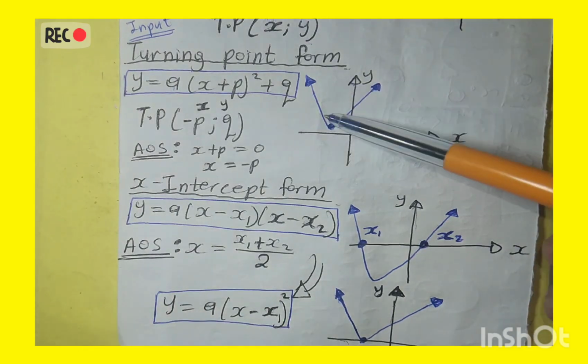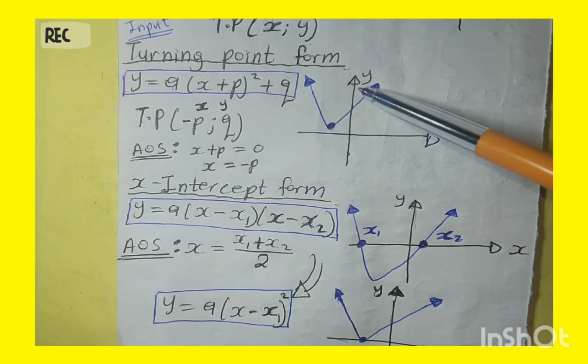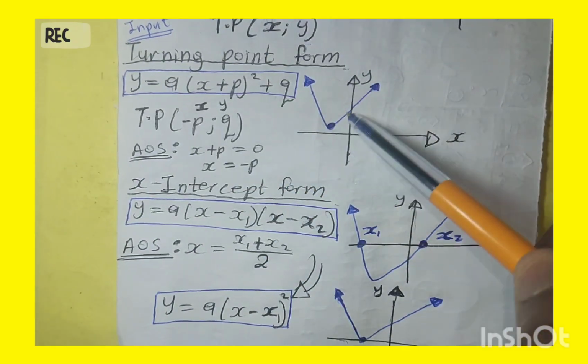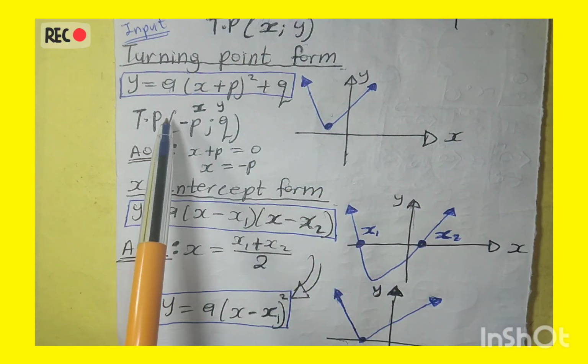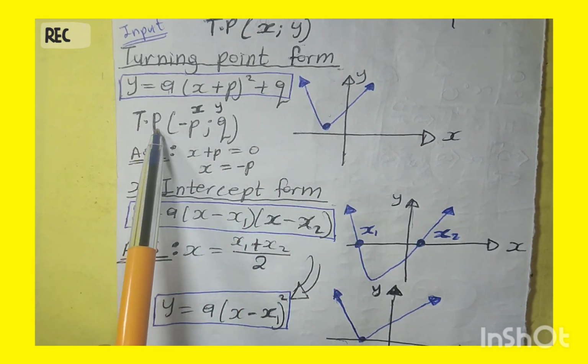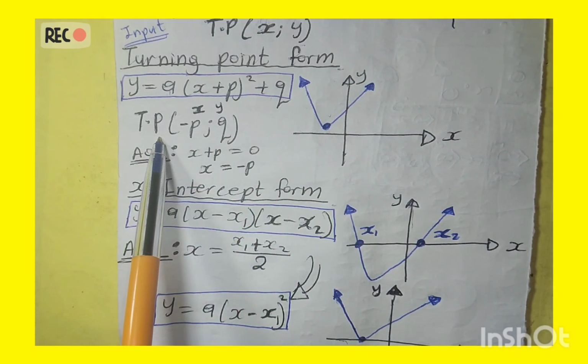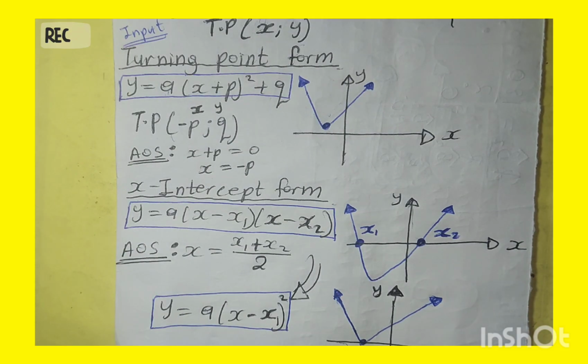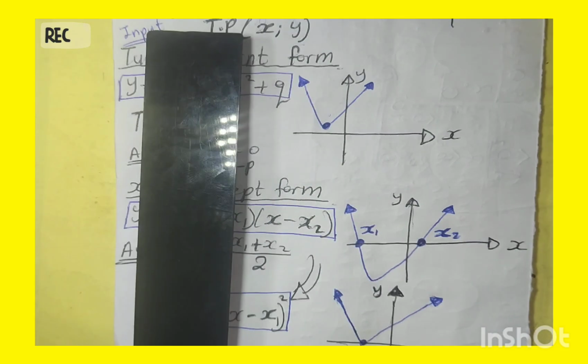So in this case, you can tell this is a smiling face, meaning that A is positive in this case. Let me explain this equation, guys. It's easy to get a turning point here. To find the turning point in this equation, you just hide all of this part.